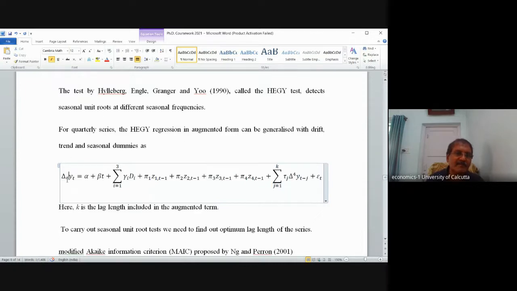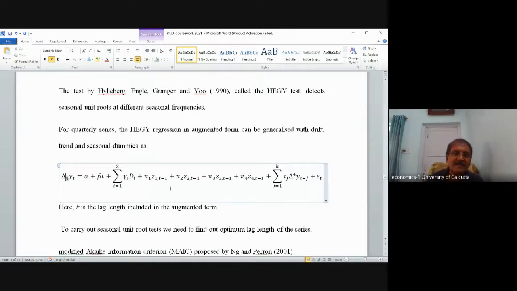It would be Delta 12 Y_t is equal to alpha plus beta into t plus the sum of gamma_i D_i, i equal to 1 to 11. Because there are 12 months, you can take 11 month dummies. So i will vary from 1 to 11.